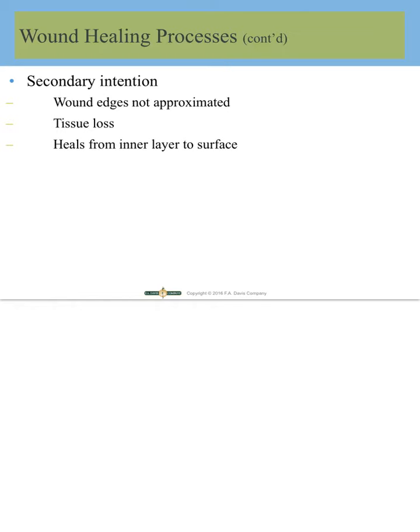Because the wound is left open, it heals from the inner layer to the surface by filling in with beefy red granulation tissue, which is a form of connective tissue with an abundant blood supply. Wounds that heal by secondary intention heal more slowly, they're more prone to infection, and they do develop more scar tissue. Pressure ulcers and infected wounds are examples of this.